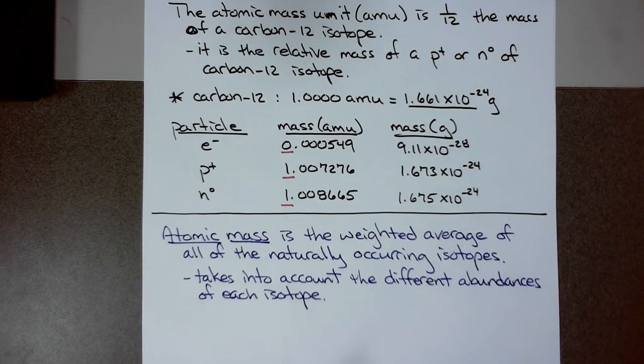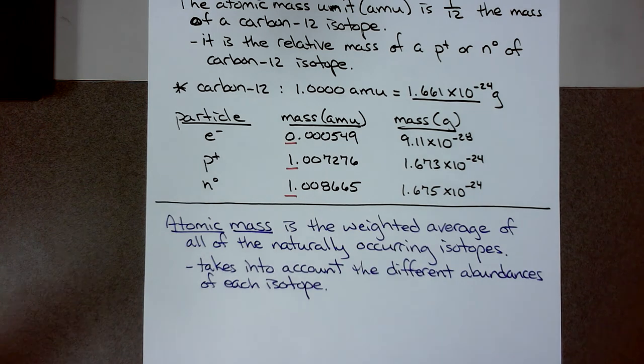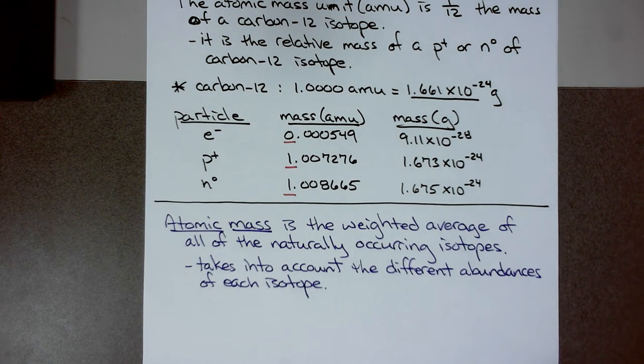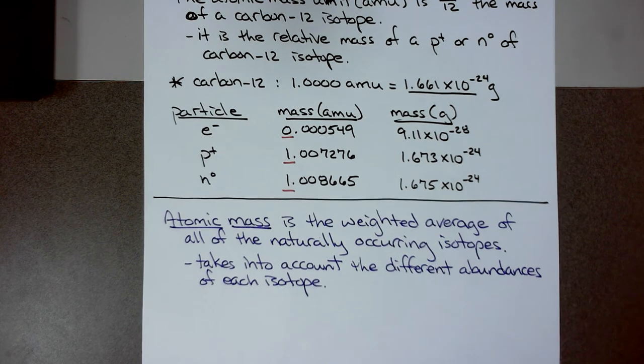It's kind of like your grades that are weighted. You know that we have to account for each test, and we weight those tests at 60%, and then we have to account for each homework and weight the homework at 10% and so forth. Well, let's write the equation for atomic mass.